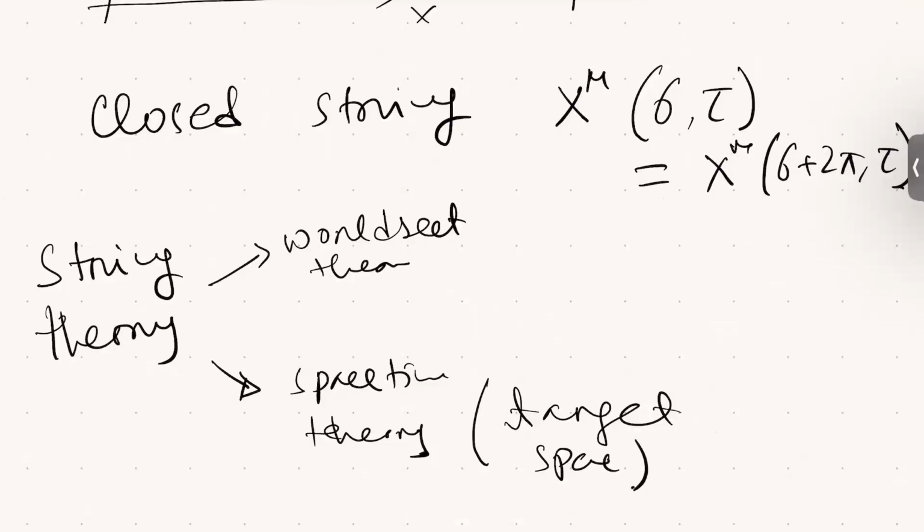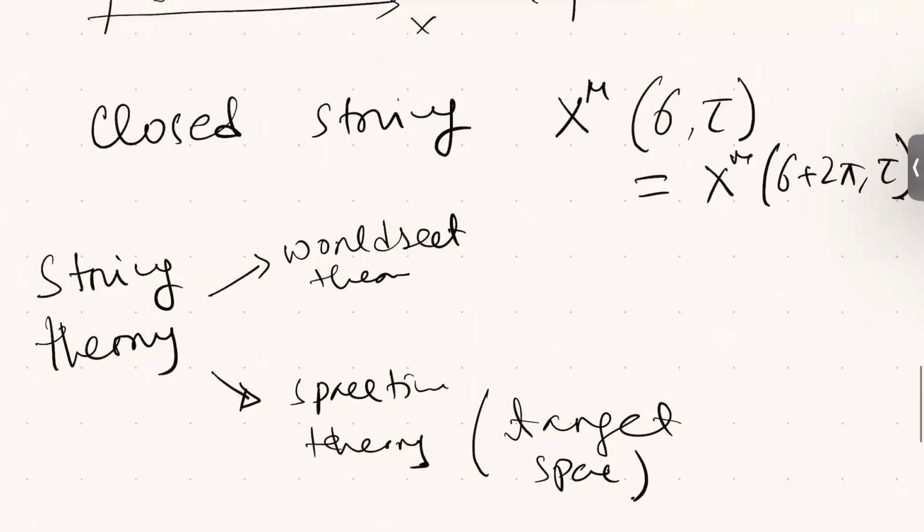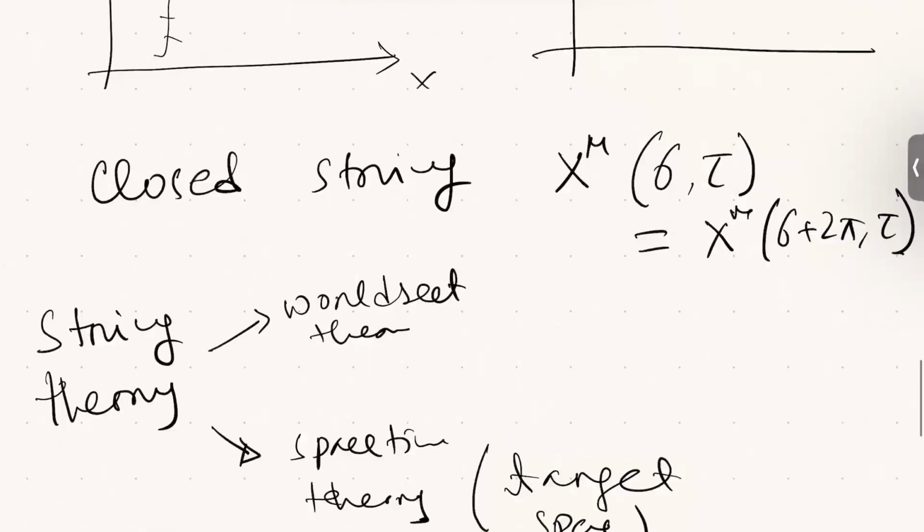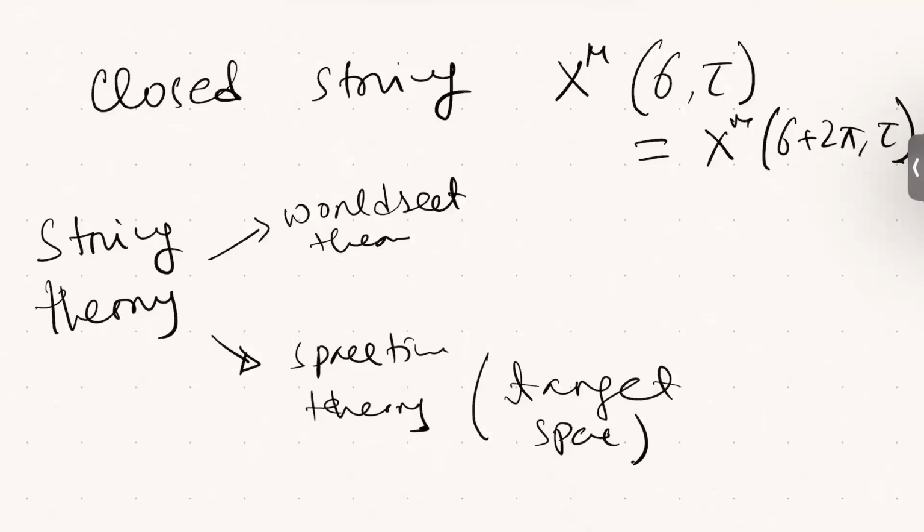All right. But once again, sigma and tau are the parameters in your worldsheet. Before, lambda was the worldline parameter. Now, sigma and tau are your worldsheet parameters.